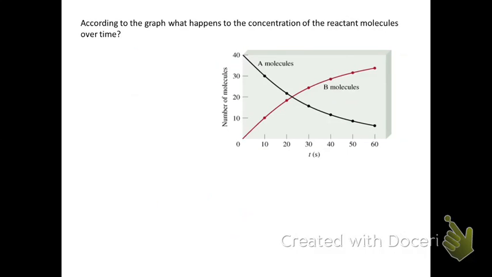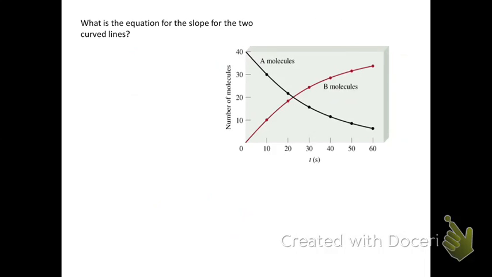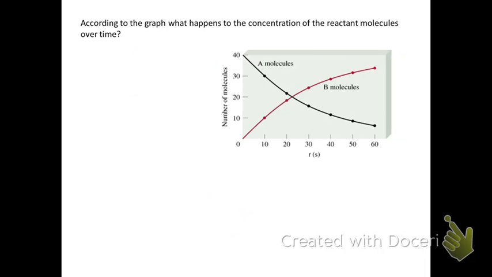So now, according to the graph, what happens to the concentration of product molecules over time?